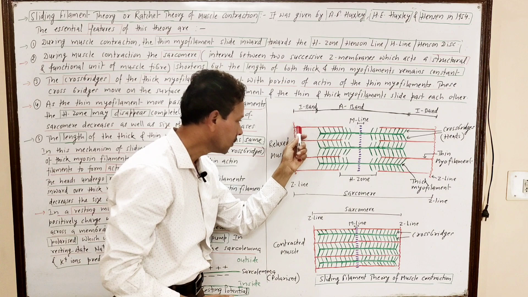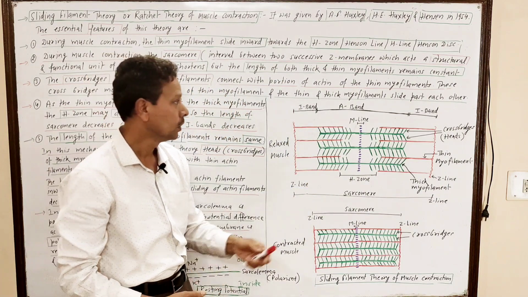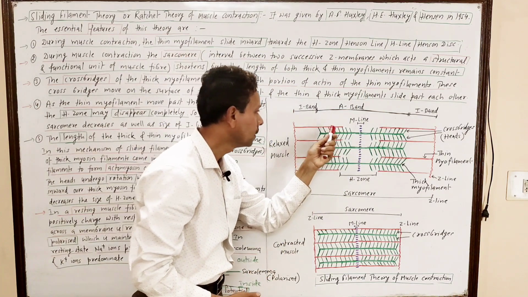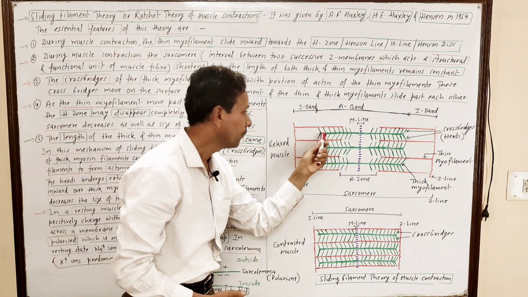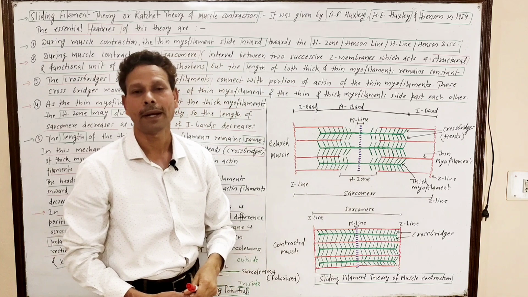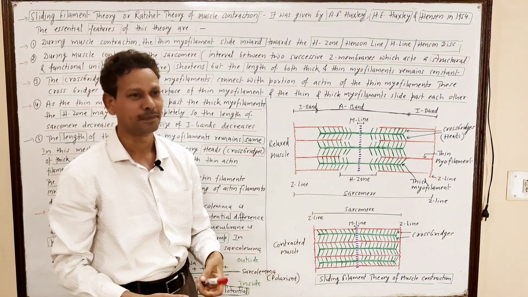In the I band, only thin or actin filaments are present, while in the A band, both actin and myosin filaments are present, and the free ends of the thick or myosin filaments produce cross bridges or heads.